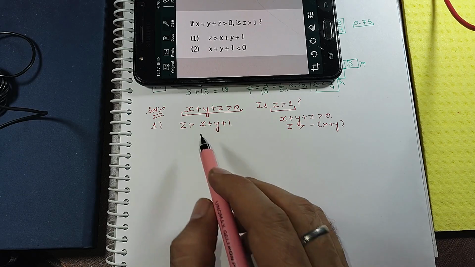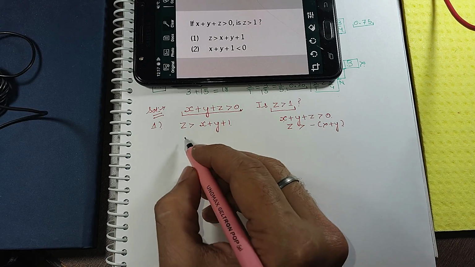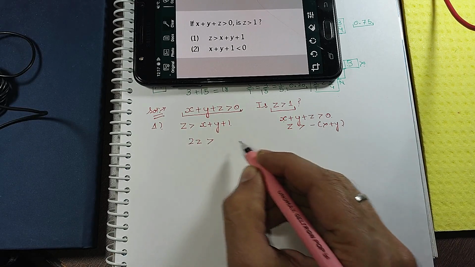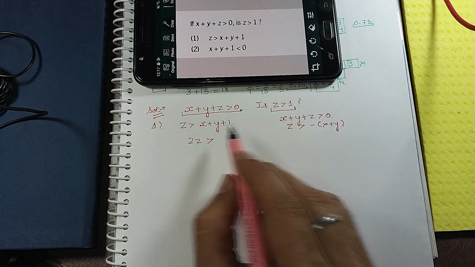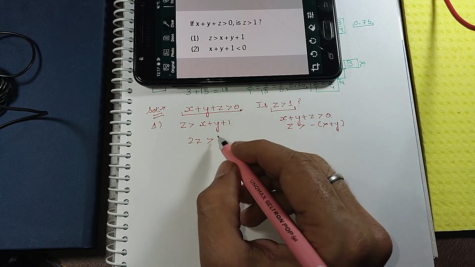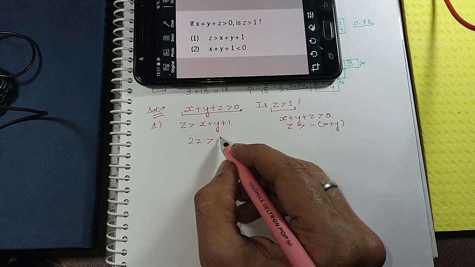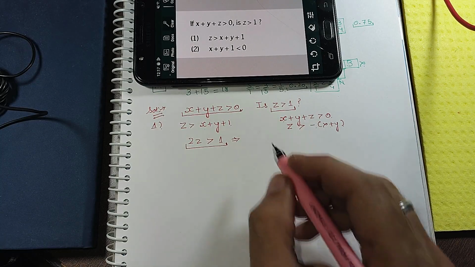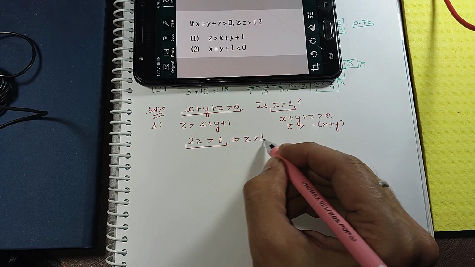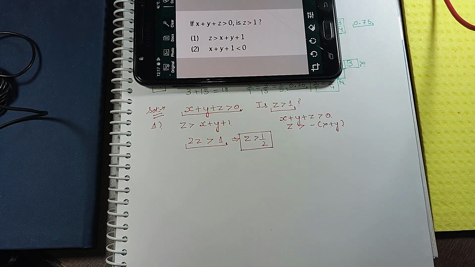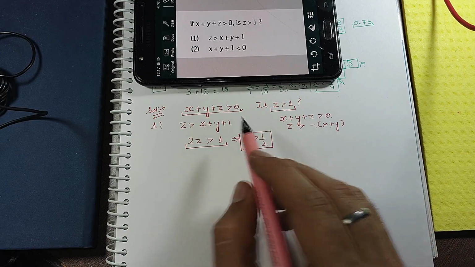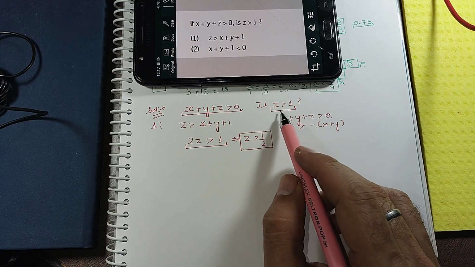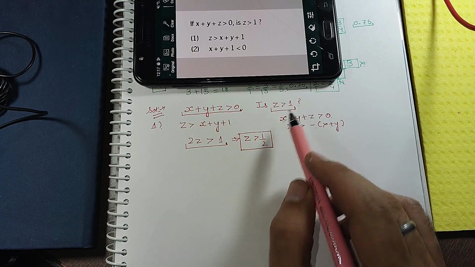So if I add these inequalities, I will be getting 2z greater than minus of x plus y, and here it is x plus y, so it will get cancelled and I would be left with 1 only. So this implies 2z is greater than 1, or I can say that z is greater than 1 by 2, right? Now z is greater than 1 by 2, so it can have any value, integer as well as non-integer, and I can't say surely whether z is greater than 1 or not.